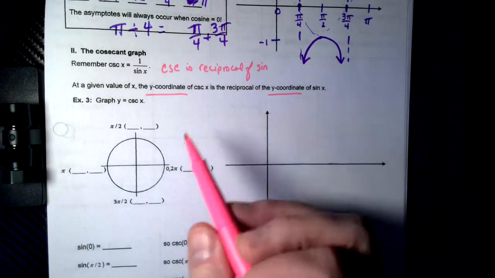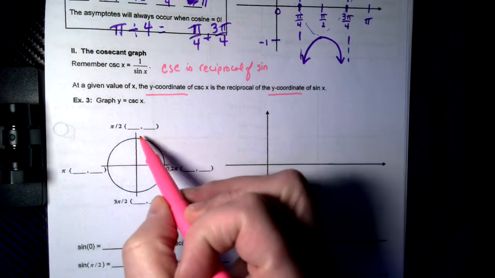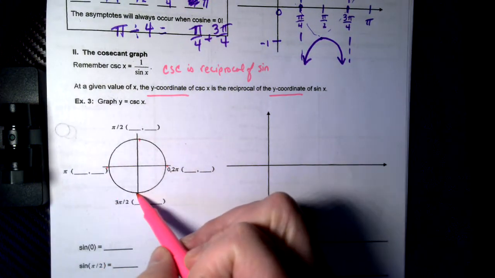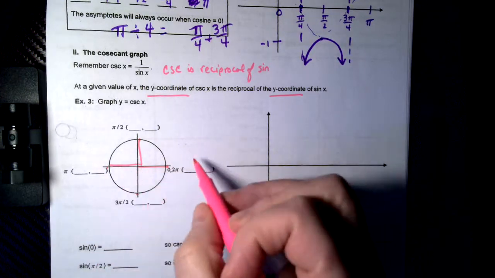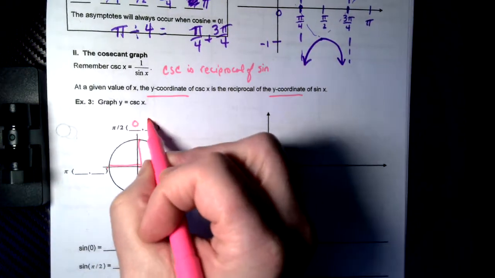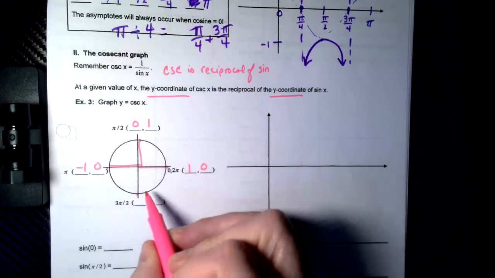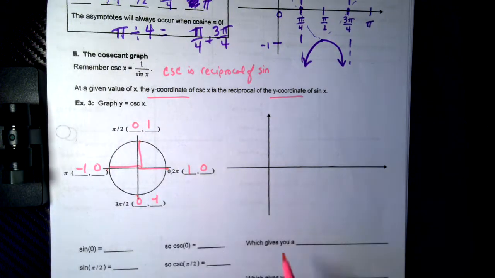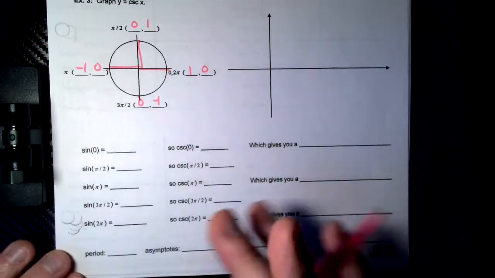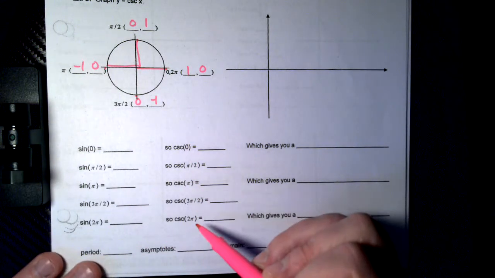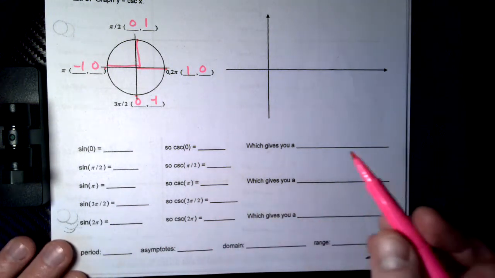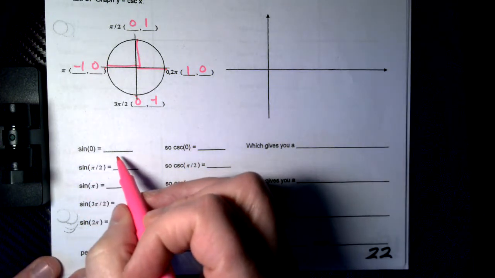All right, so we're still using the 4 left, right, up, down parts of the unit circle. Radius is 1. This is 1, 0, 0, 1, -1, 0, and 0, -1. You use the sine points, and then that helps create the cosecant points. What's the sine of 0?